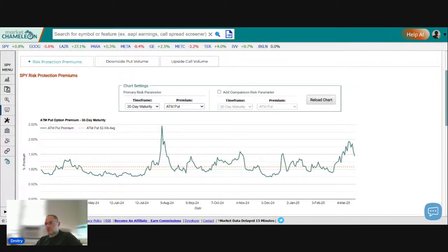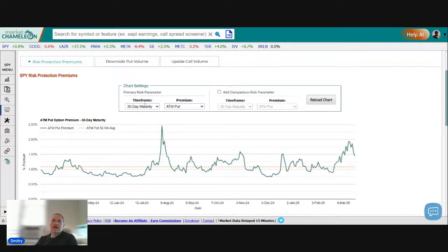Okay. So we do it on a relative basis. What's the cost of the option premium relative to where the stock price is? So if the option is $5 and the stock is $100, then it's 5% premium. Okay. So this gives us a way to normalize and look at that cost over time.